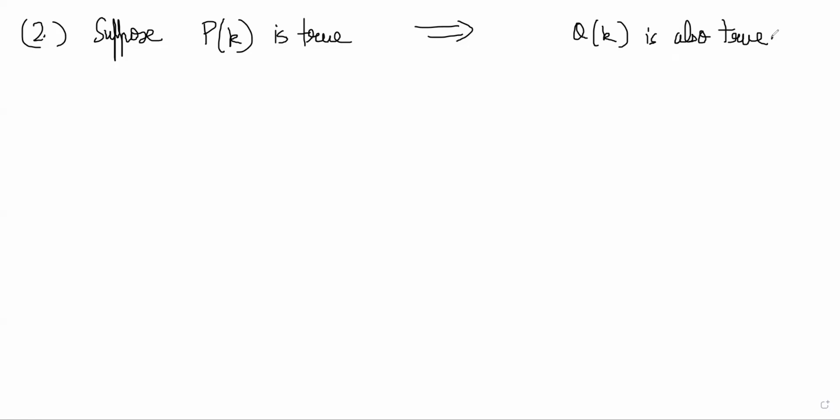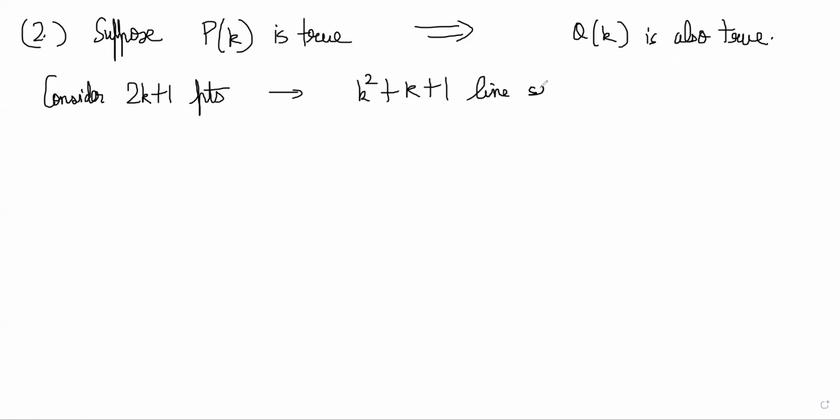So let's consider for Q of k, we have to consider 2k plus 1 points in space that are connected by k square plus k plus 1 line segments. Right? No 4 of them are coplanar.